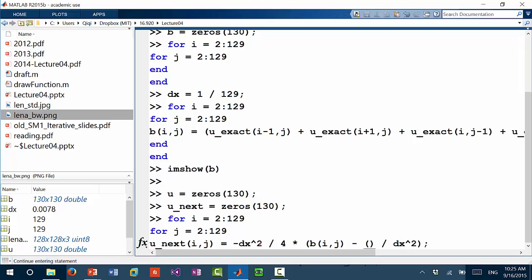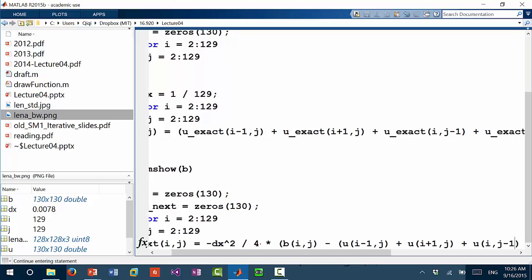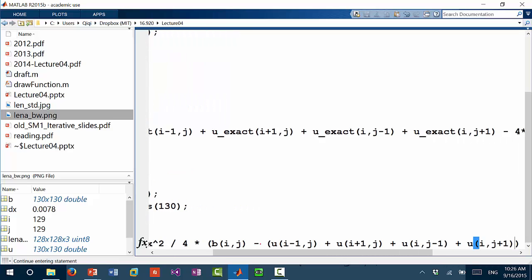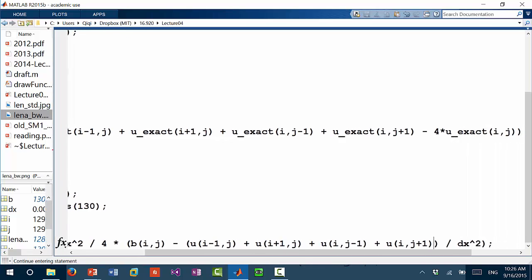Okay, and this parentheses should be u of i minus 1 j, u of i plus 1 j, u of i j minus 1, u of i j plus 1, right?